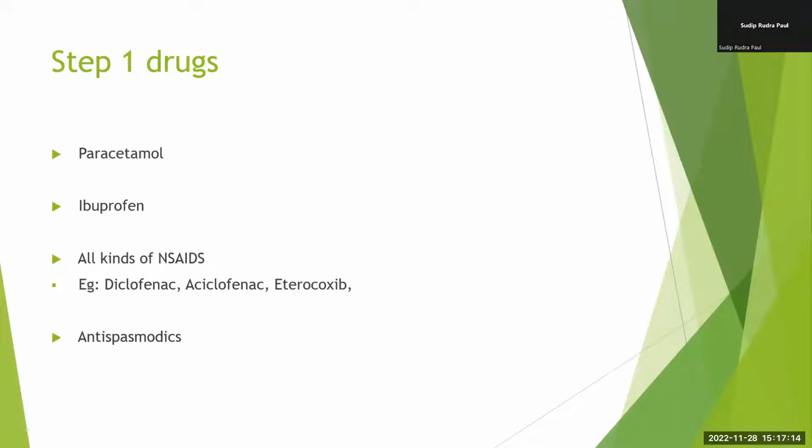Basically paracetamol, ibuprofen that you all have written, then all kinds of NSAIDs: diclofenac, aceclofenac, etoricoxib, maybe lornoxicam. This kind of NSAID will come, and antispasmodics also come under that.